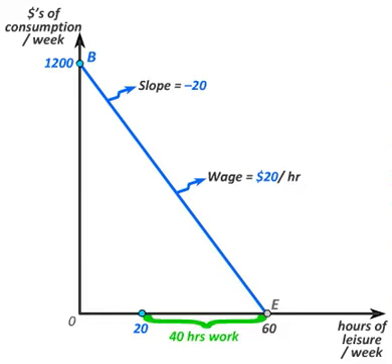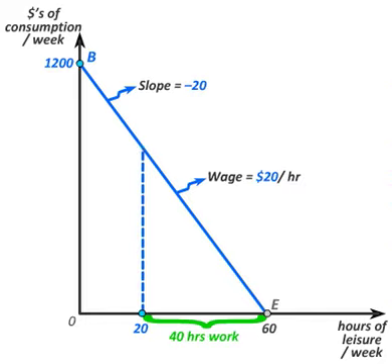So if we want to see in this graph how much he works, we have to take the difference between his leisure consumption, which we just said might be 20, and his leisure endowment, which is 60. Thus, a worker who consumes 20 hours of leisure when he has an endowment of 60 hours of leisure is working for 40 hours.